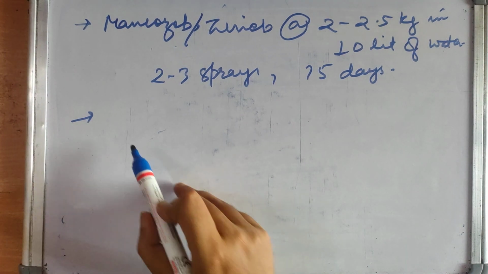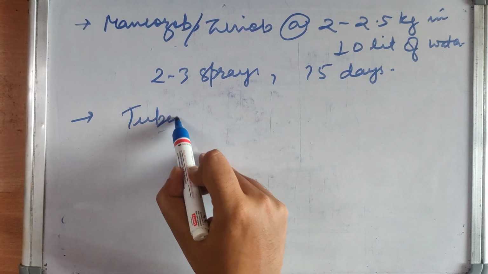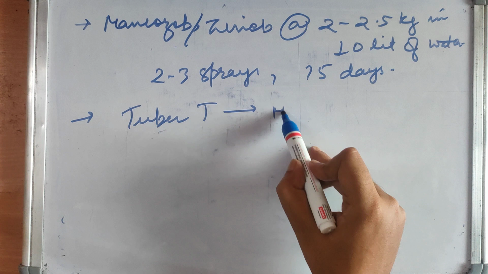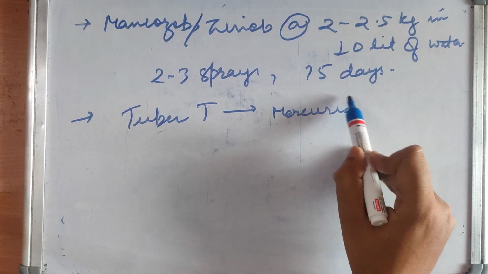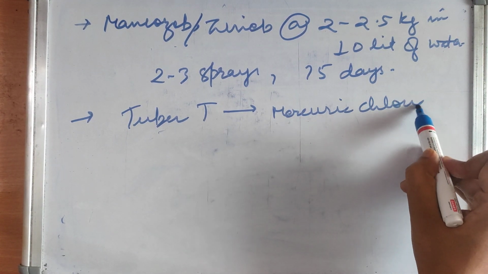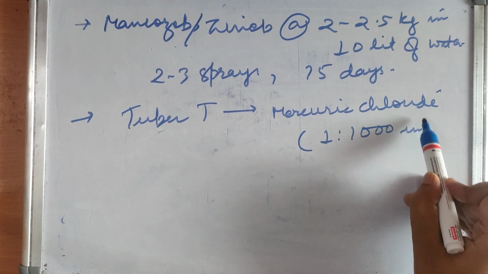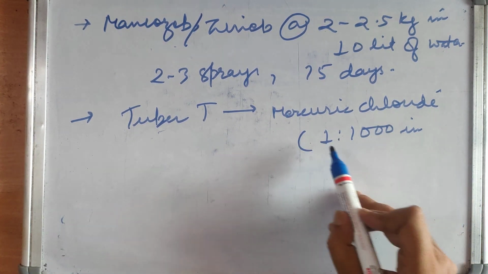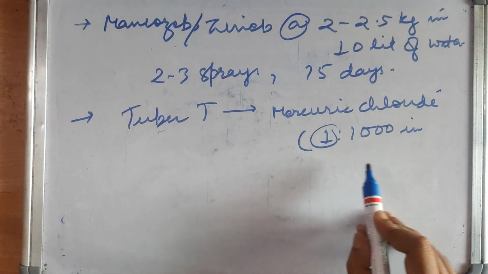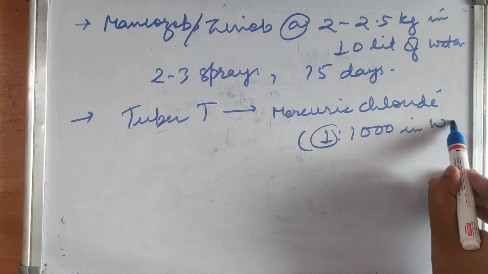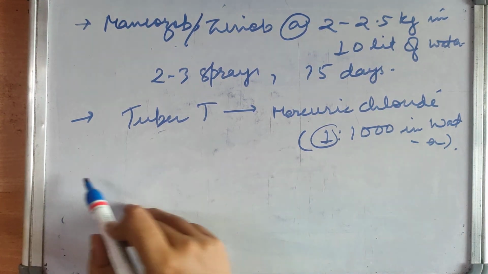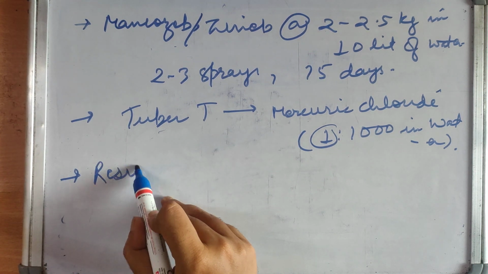We can also do tuber treatment using mercuric chloride, that is 1:1000 in water, which is 1 milliliter in 1 liter of water.